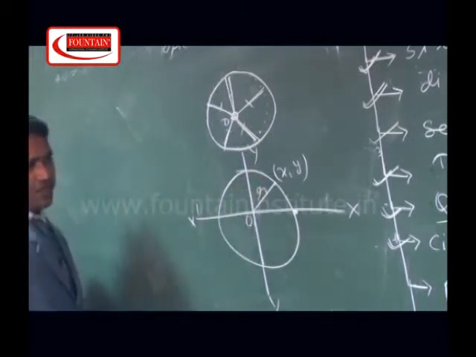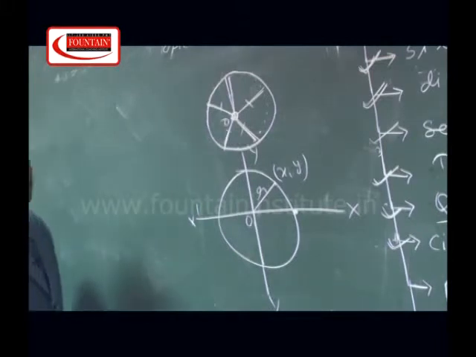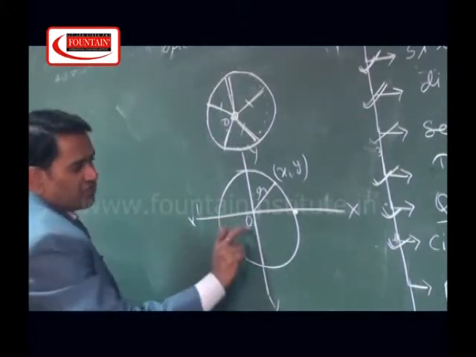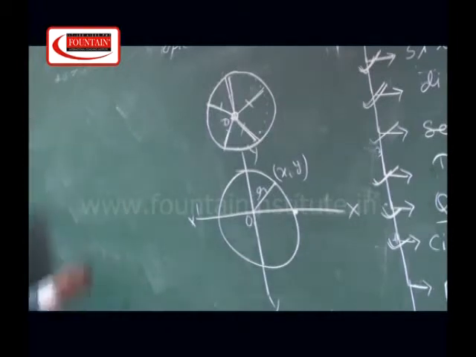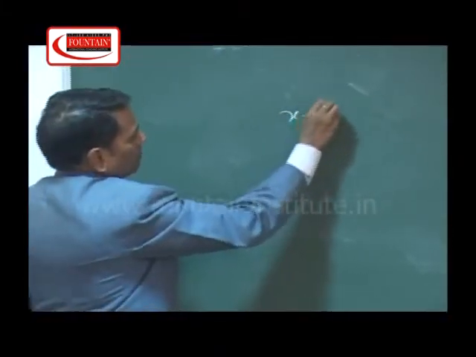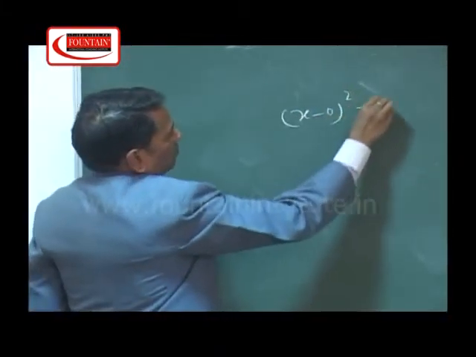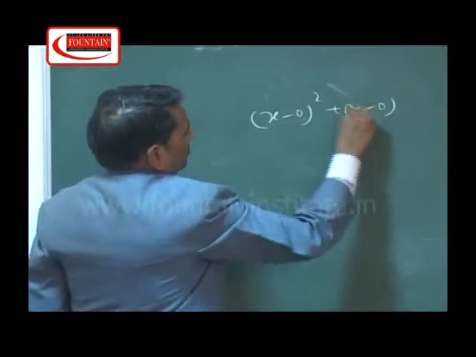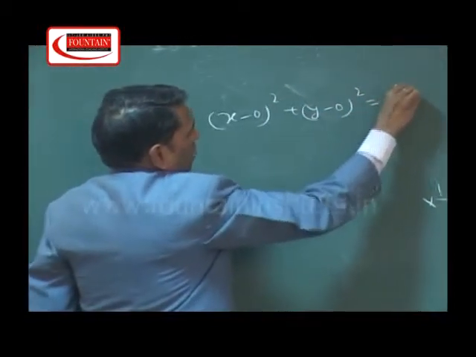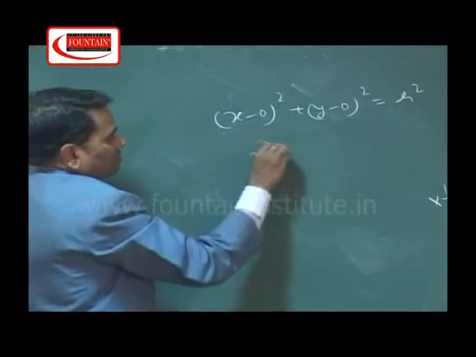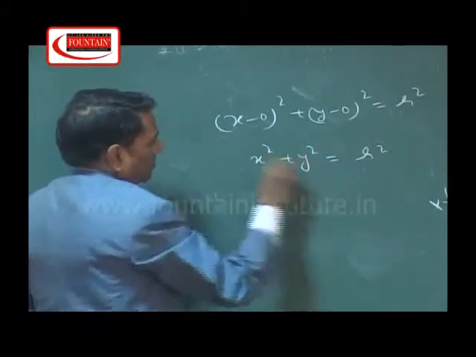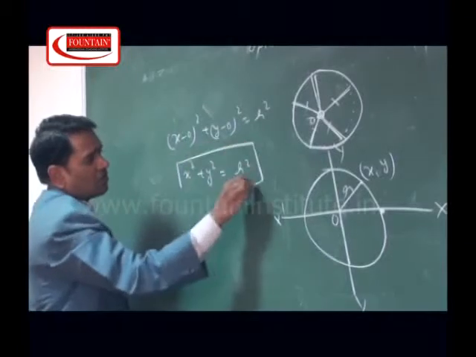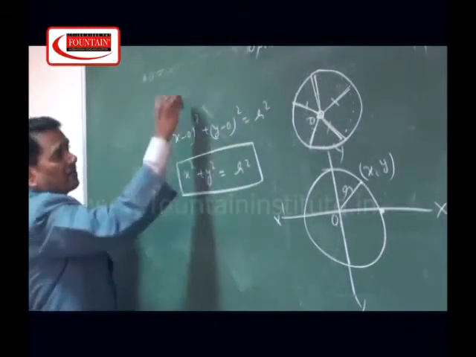So the equation of the circle, using the distance formula with coordinate 0, 0, will be (x minus 0) squared plus (y minus 0) squared is equal to r squared. That means x squared plus y squared is equal to r squared. This is the equation of a real circle.